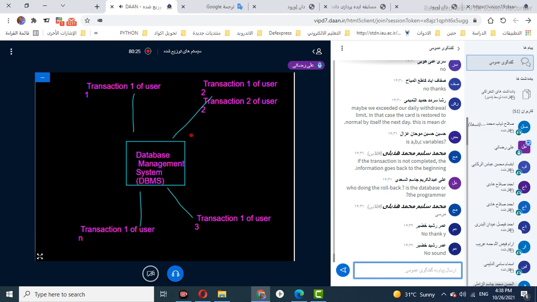For example, let me write it here. These transactions will arrive at the DBMS at, for example, 8 a.m.